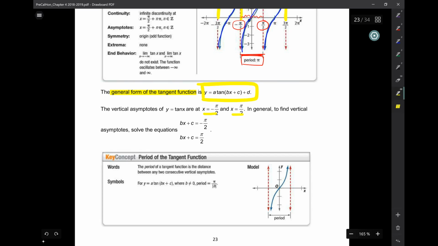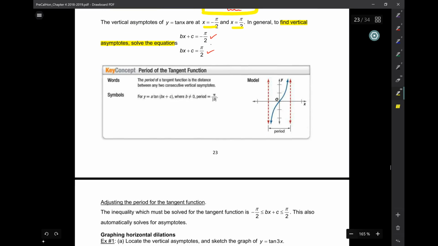How do you find the vertical asymptotes? Well, we solve these equations. So what we do is we take bx plus c, set it equal to negative pi over 2 and pi over 2, and we can figure out the asymptotes from there. All right, all this will come together soon. Let's go step by step.